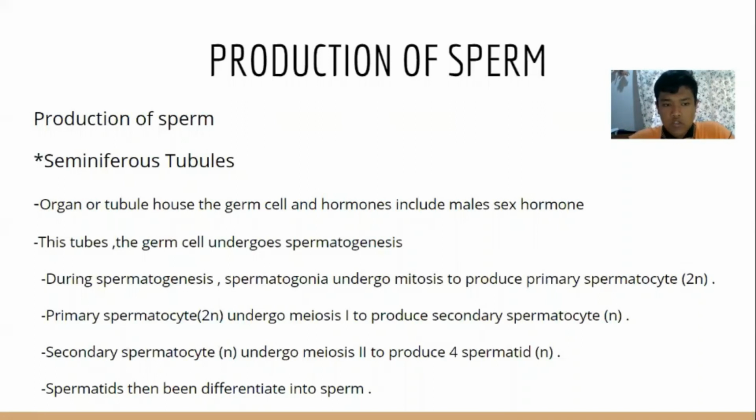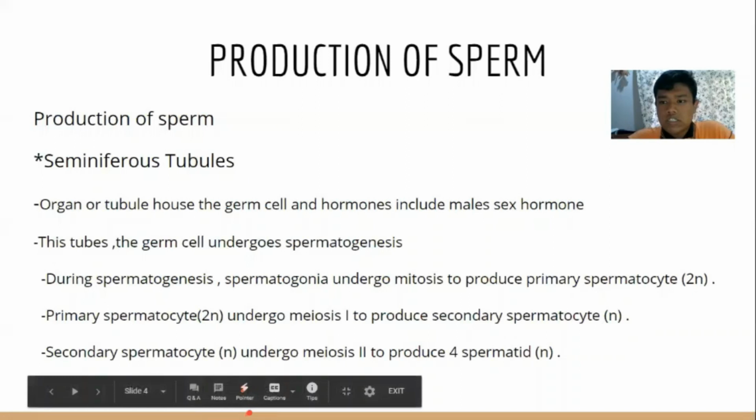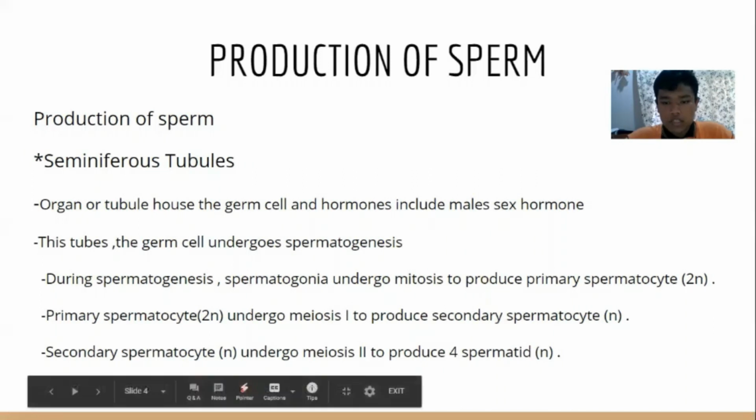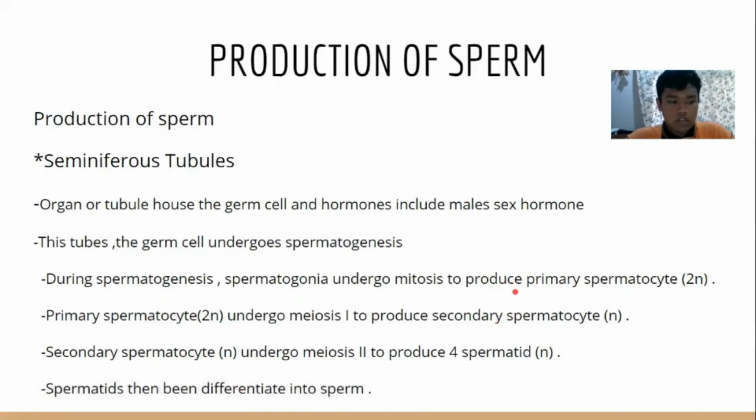Also at this point, the Sertoli cells play their role. The function of the Sertoli cells is to absorb any extra cytoplasm from the newly created spermatids when the spermatids are released into the lumen of the seminiferous tubule.